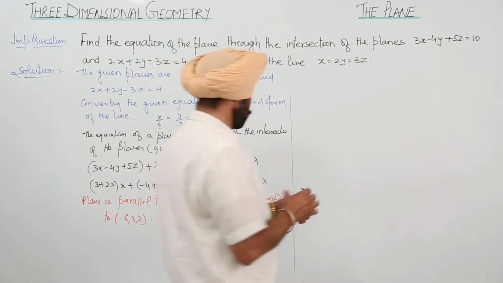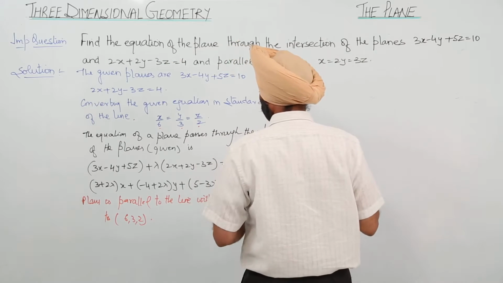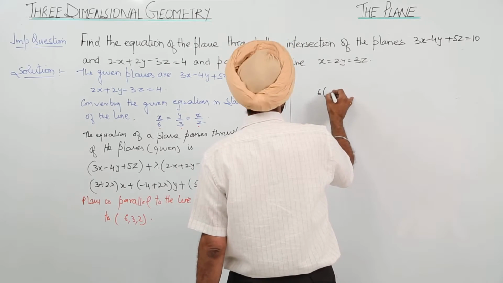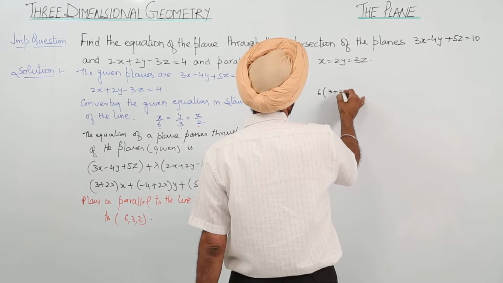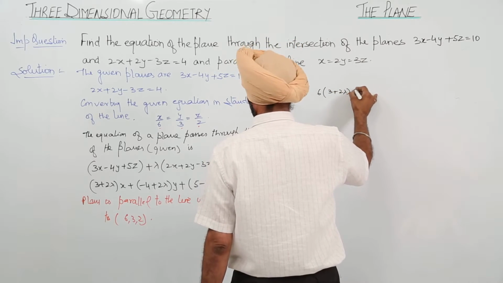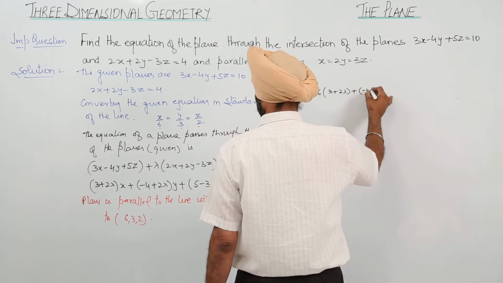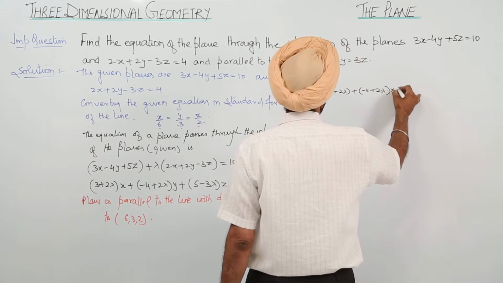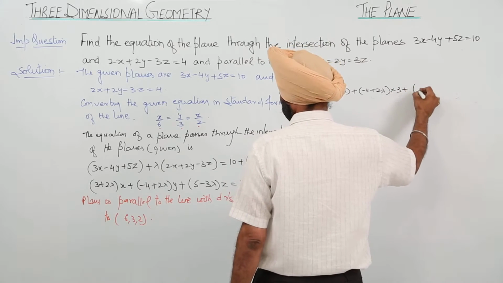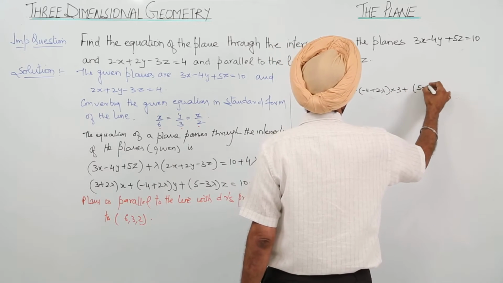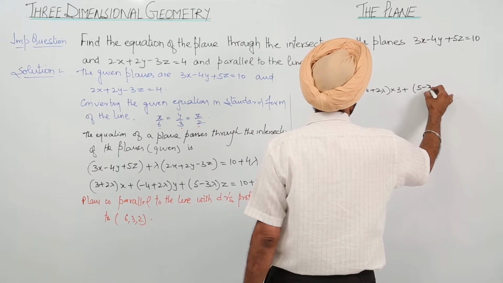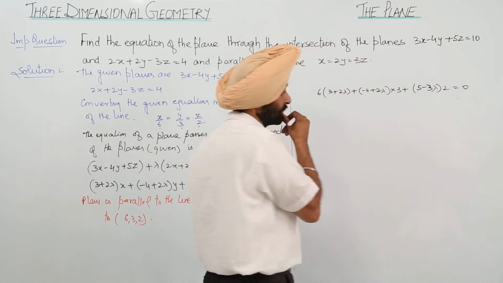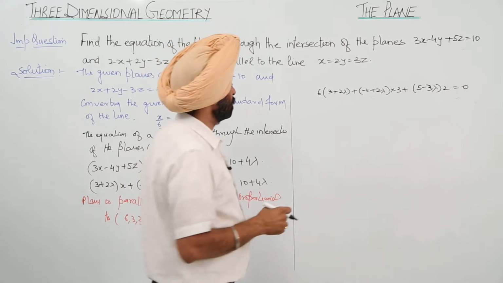Now, 6 times (3 plus 2 lambda) plus (minus 4 plus 2 lambda) with 3 plus (5 minus 3 lambda) with 2 is equal to 0. So, now we can get the value of lambda.